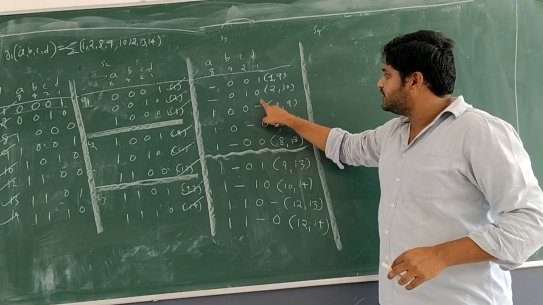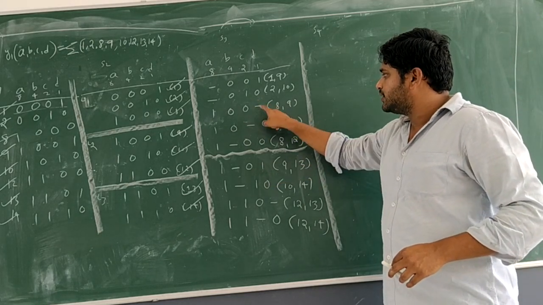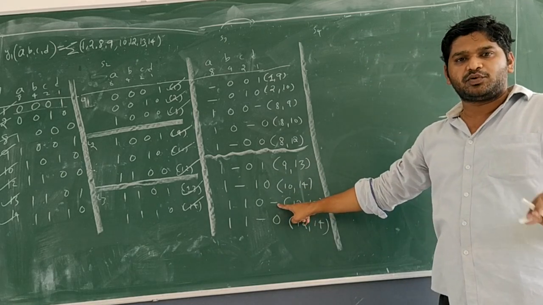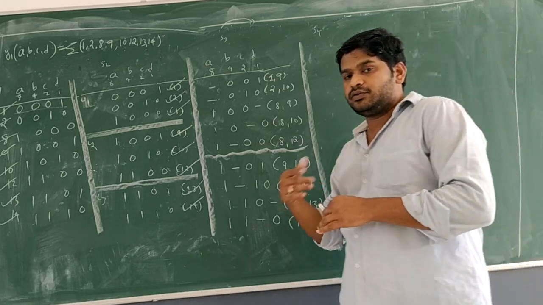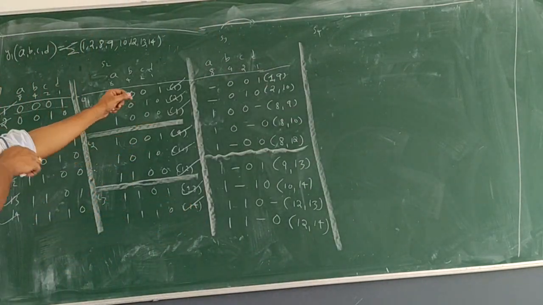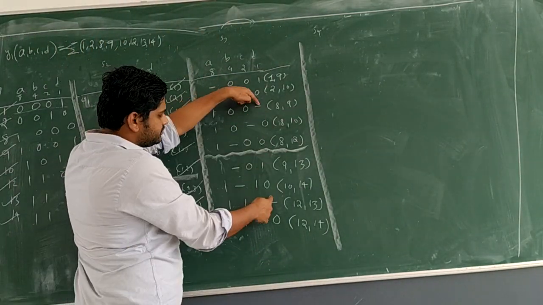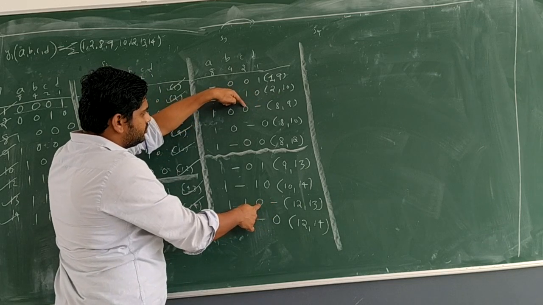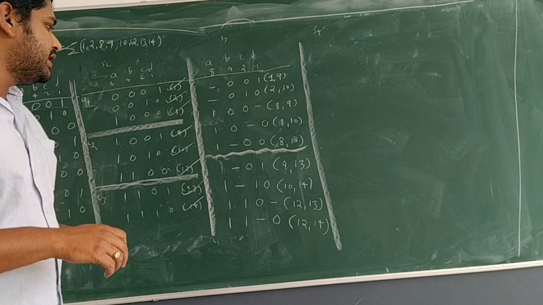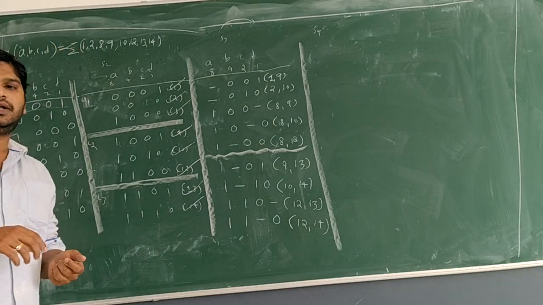Similarly, where is the hyphen here? In the D position. Yes, there may be one possibility, but we cannot assure that just by the hyphen; we have to go with the individual bits. Here, 0 hyphen 1, yes, we got one possibility: 8, 9, 12, 13.